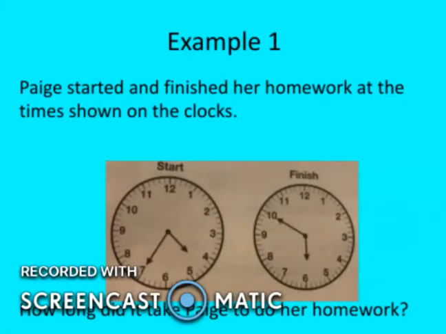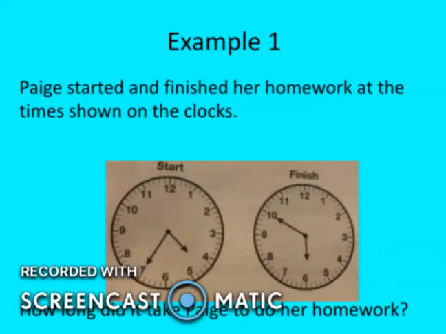So here in our first problem, it's saying that Paige started and finished her homework at the times shown on the clock. The question that we're trying to answer, after we look at these clocks and get an idea of what the start time is and the finish time is, is how long did Paige take to do her homework.